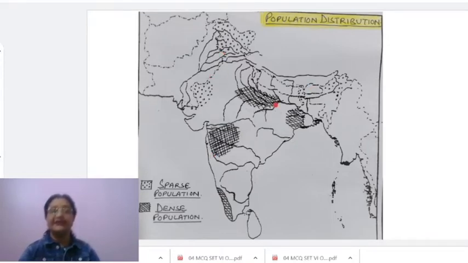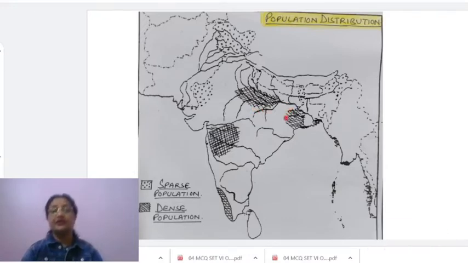Now about the densely populated areas, there are 4 major regions which you have to mark as densely populated. Number 1 is in the south, that is Kerala. You can see the Malabar coast. Then number 2 is Maharashtra, and then in the northern plains, you can mark Uttar Pradesh and Bihar as densely populated states.